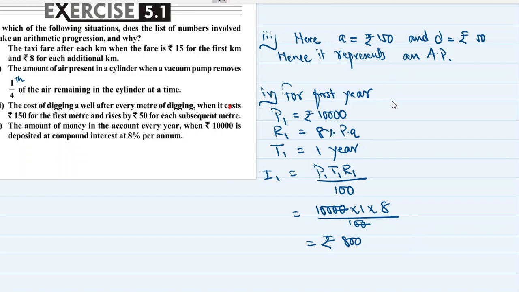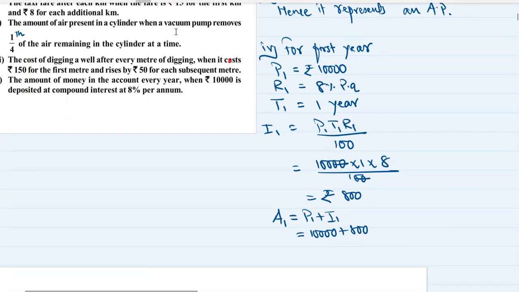Now this interest will get added to the principal and we get the amount after 1 year, P1 plus I1. So P1 is 10,000, I1 is 800, and we get our amount after the first year as rupees 10,800.